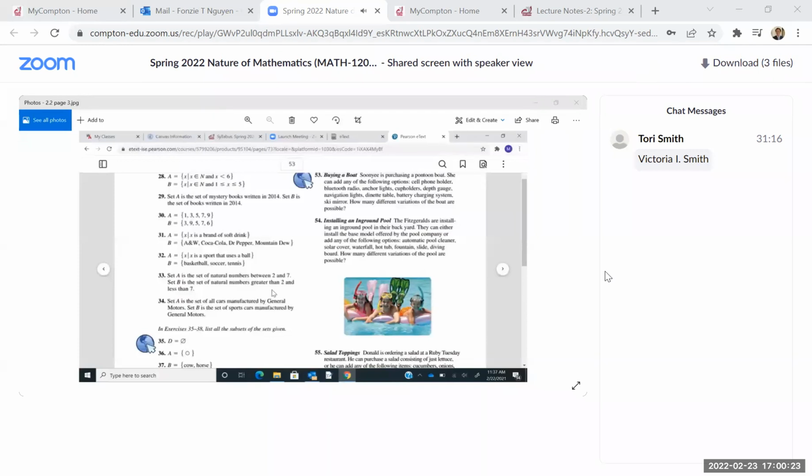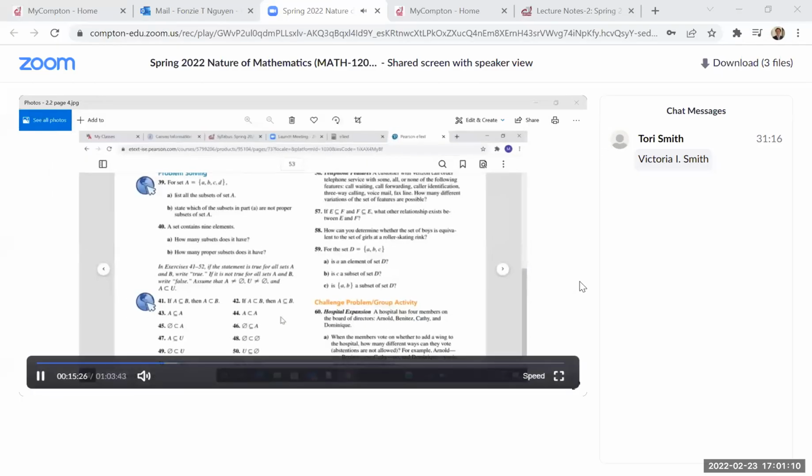This looks like 2.1, isn't it? This looks like the stuff that we learned last time. Let me double check.